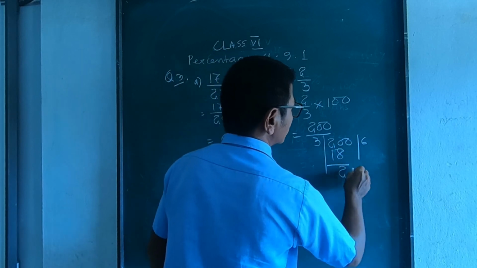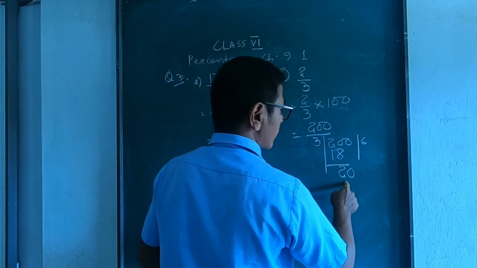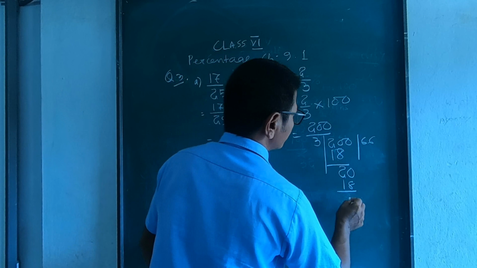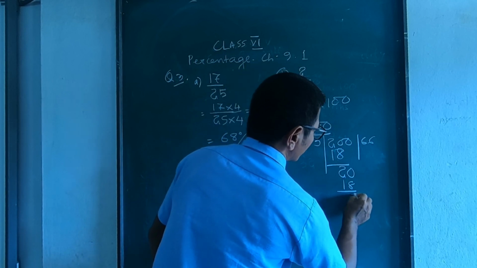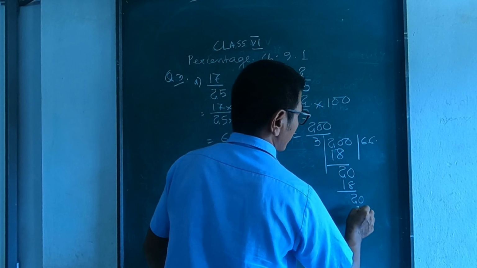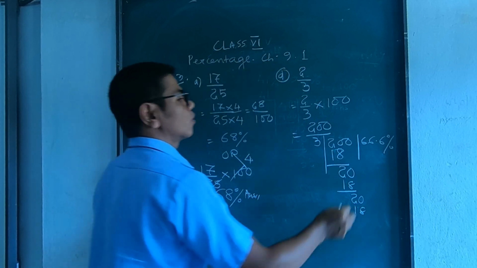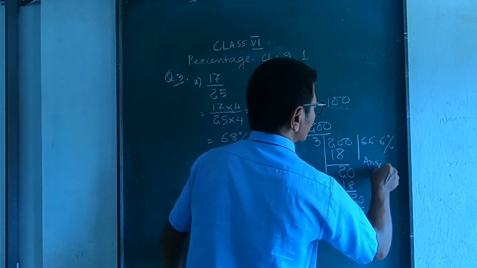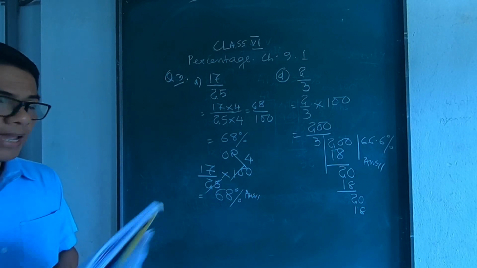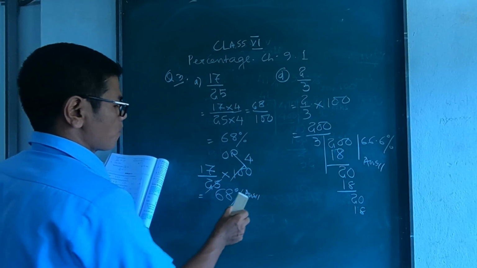Then the 0 comes down. Again we see 3 how much is 20? 6s are 18. Thereby it goes on. The remainder, further if you go, you will see that it will continue to be 18. So just write 66 point 6 average. So this is your percentage. Hope you understood. Again you have to try doing the sums that I didn't do at home.